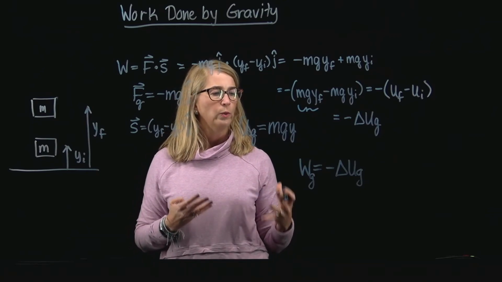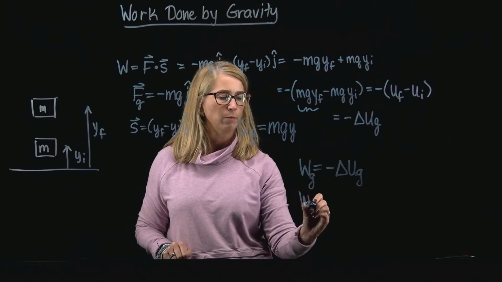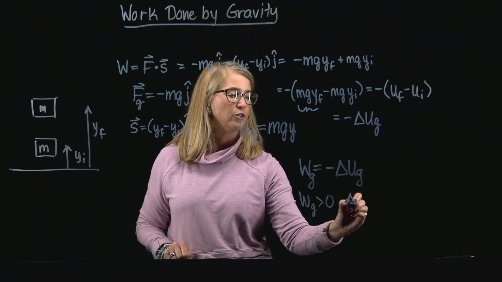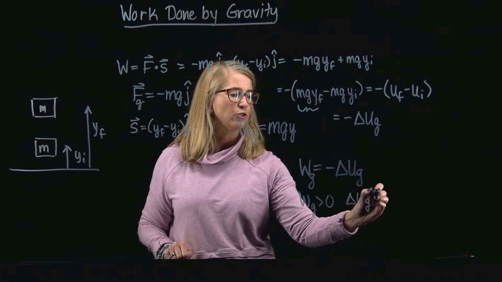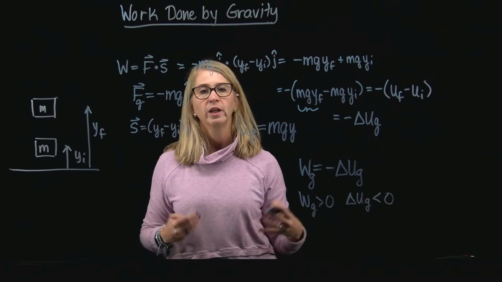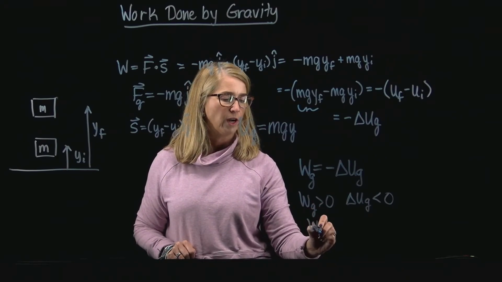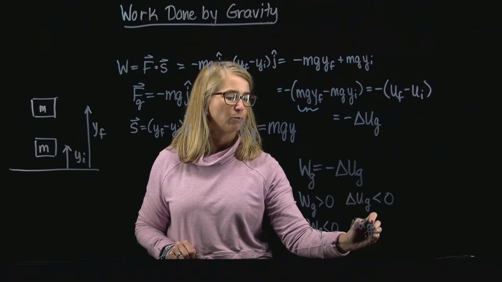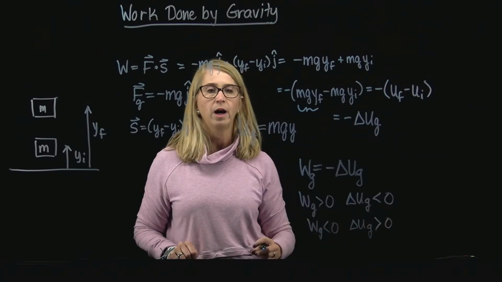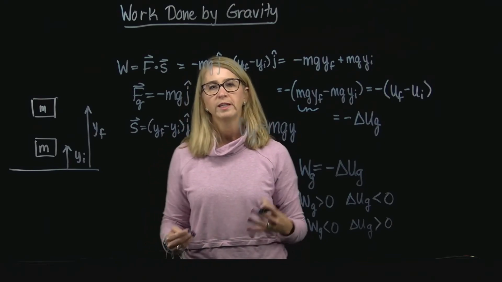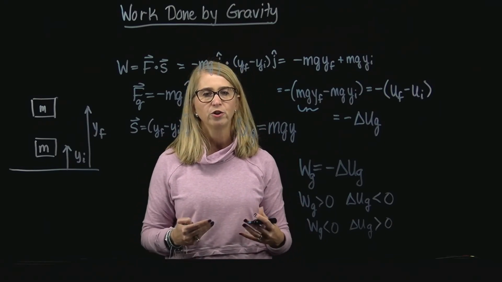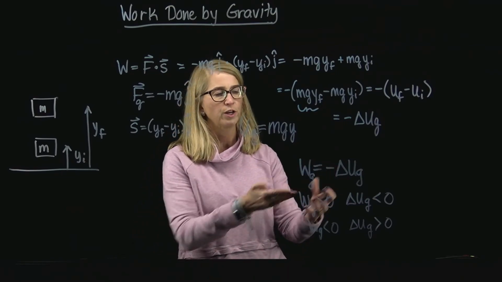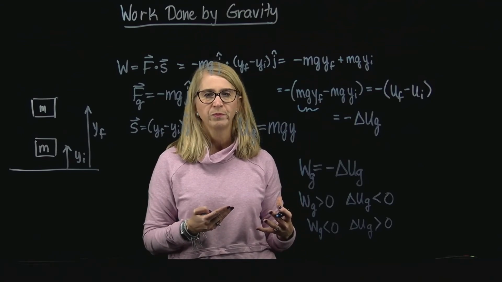And so we actually see that if the work done by gravity is a positive quantity, then the change in the gravitational potential energy has to be less than 0, and of course vice versa. If gravity does a negative amount of work, the change in the gravitational potential energy has to be positive. And so what we can see is that there's this definite relationship between the work done by gravity and this expression, this potential energy function.